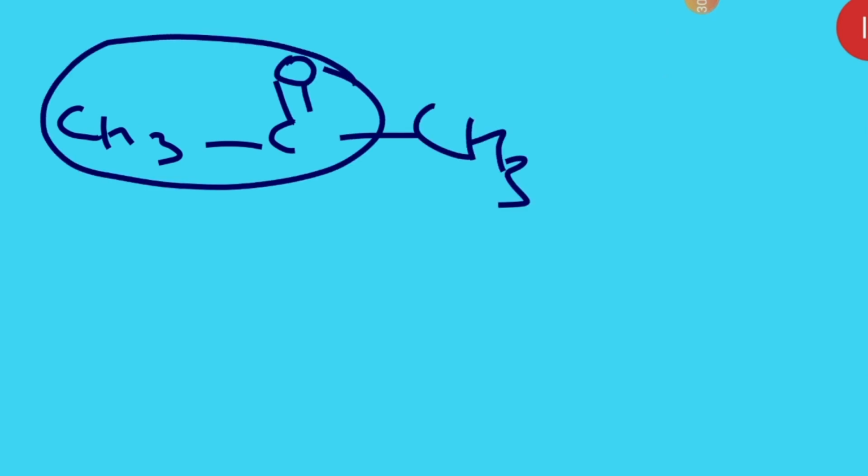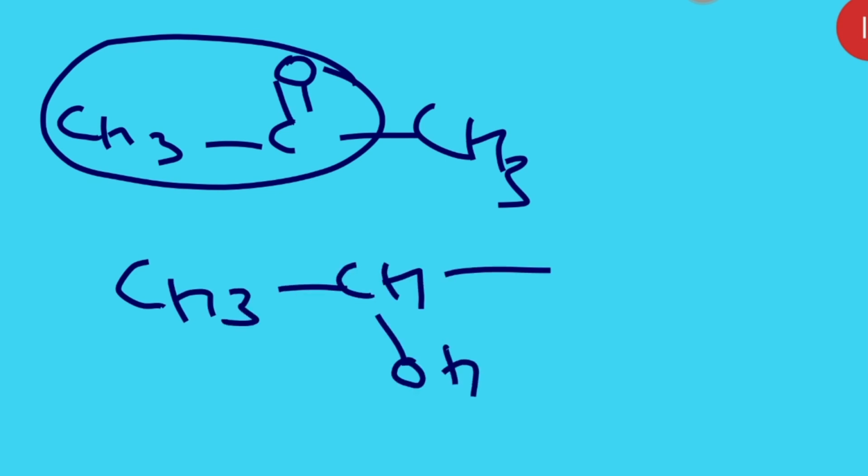Same way, suppose I write ketones. Will they give? Yes, definitely, because they contain the CH3CO group. In case of aldehyde or ketone, CH3CO, and in case of alcohol, CH3CHOH, they are going to give the iodoform test.